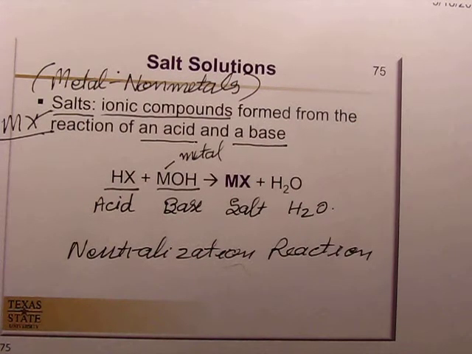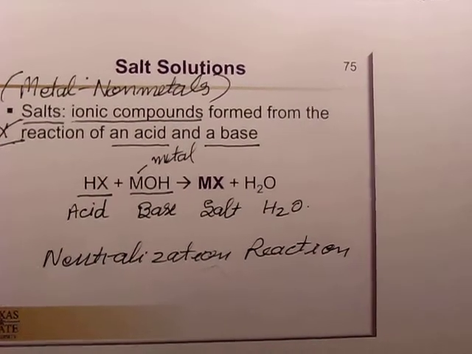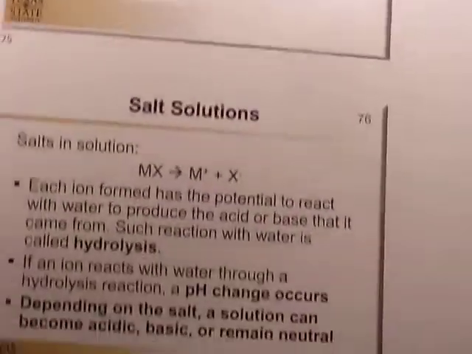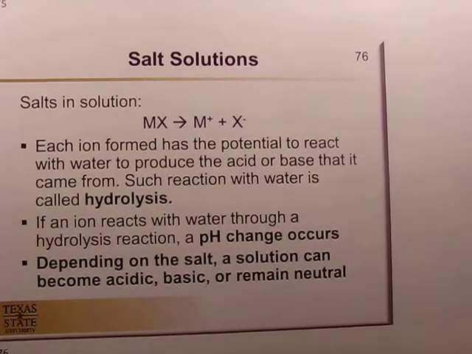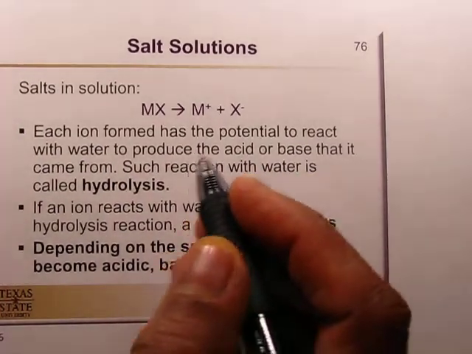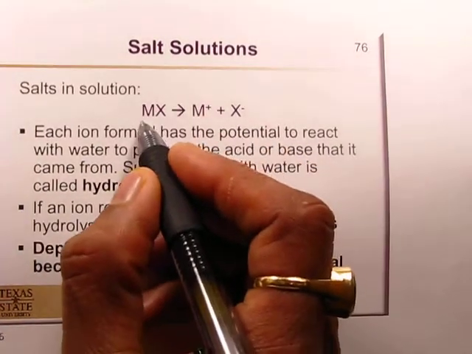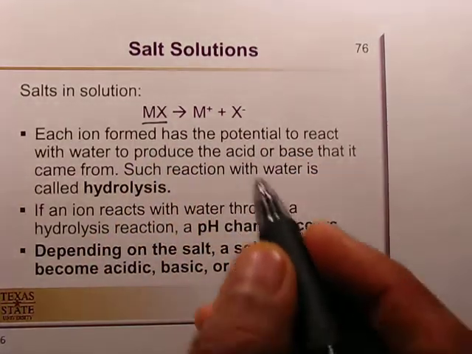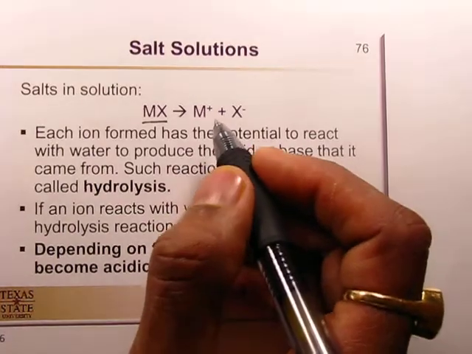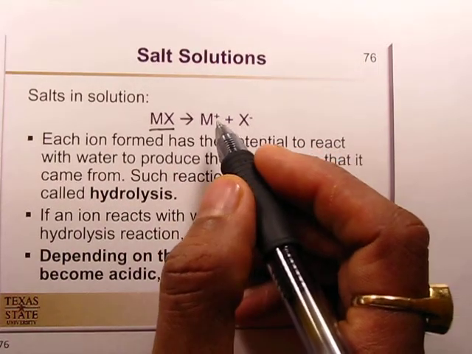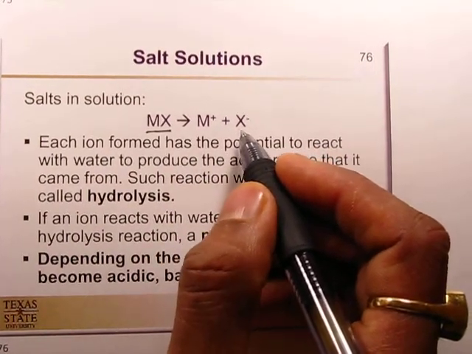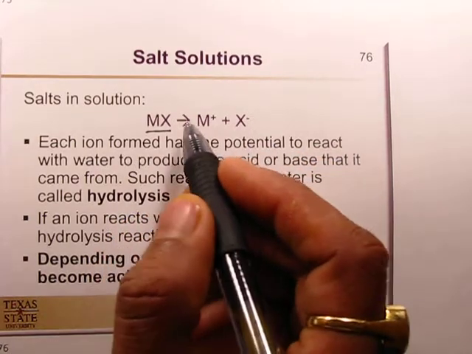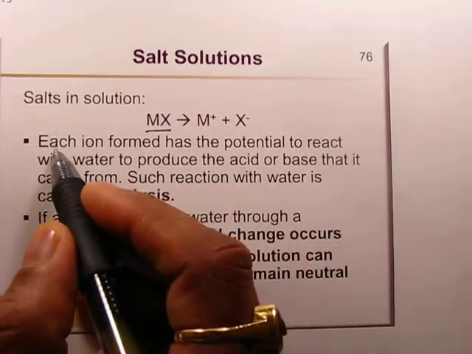Let's see some more characteristics of the salt solution. What are the properties of a salt solution? So salt in solution, MX, whenever we dissolve it in the water, always makes a metal ion and a non-metal ion, cation and anion both.